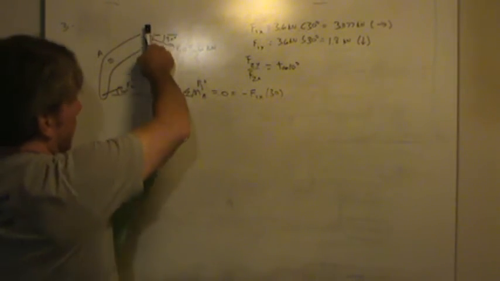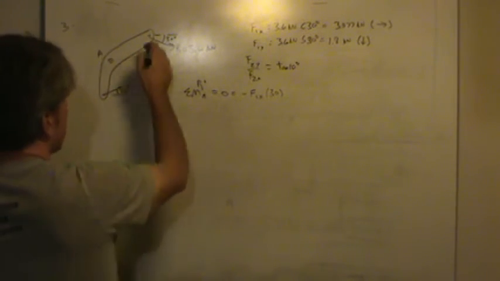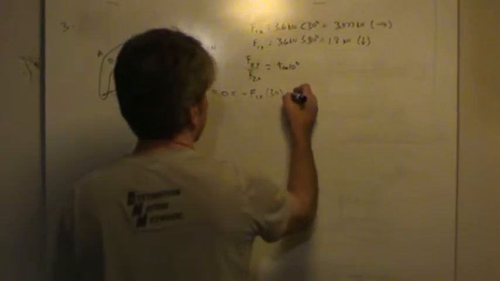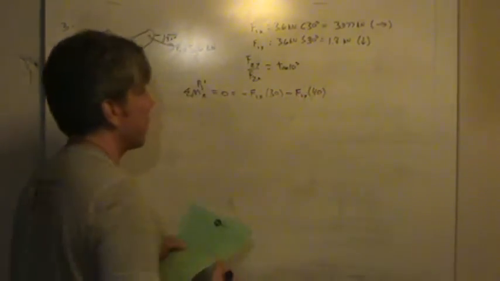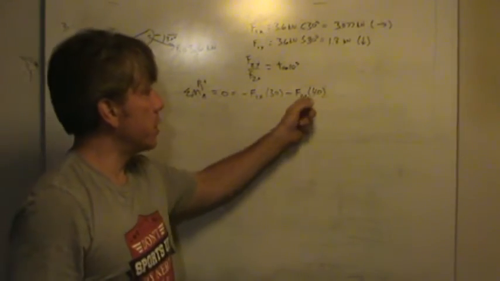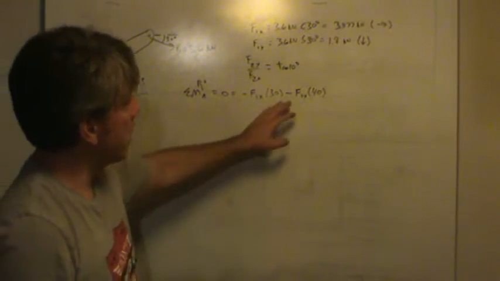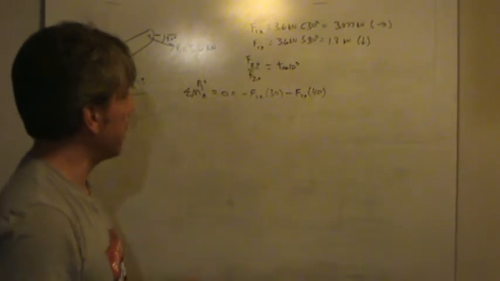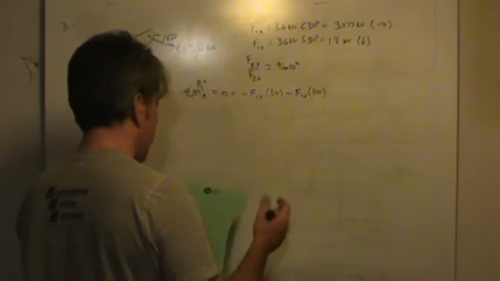F1 has a negative y component, and the distance here is 40 millimeters, and again that's a negative moment, so F1y times 40 millimeters. I'm not putting in the dimension units, and the reason is they'll just end up canceling because I'm going to solve for forces from this, so it doesn't really matter.